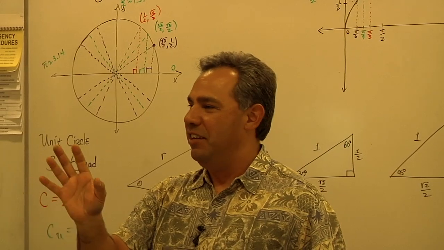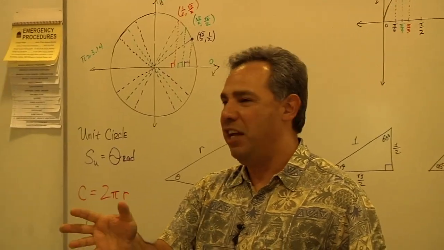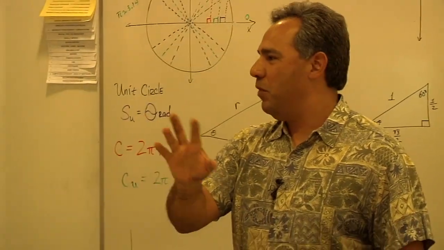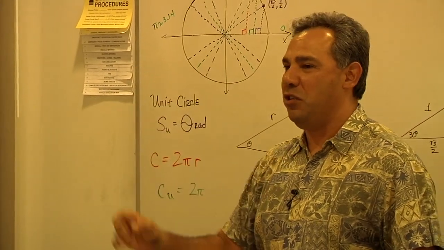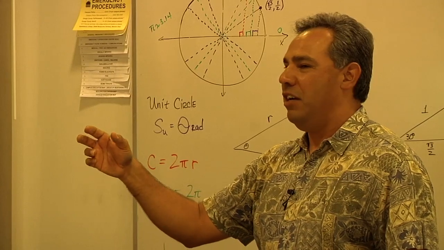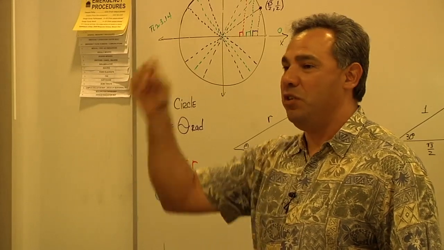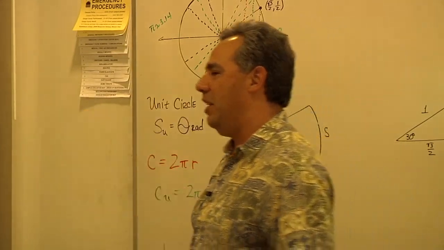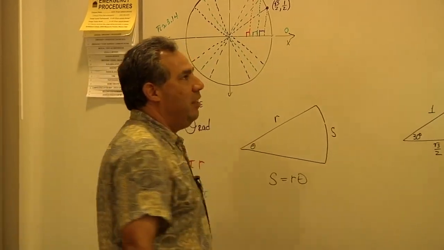Cosine is adjacent over hypotenuse, and tangent is opposite over adjacent. And if you remember those similar triangles, if you look at the x and y's, you'll see, like, tangent is sine over cosine. Okay, so all right.